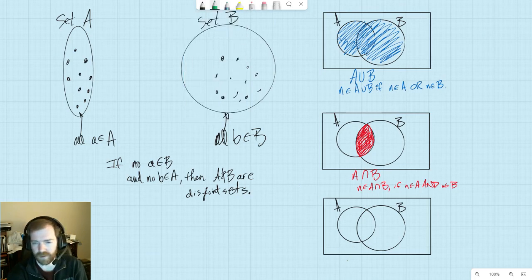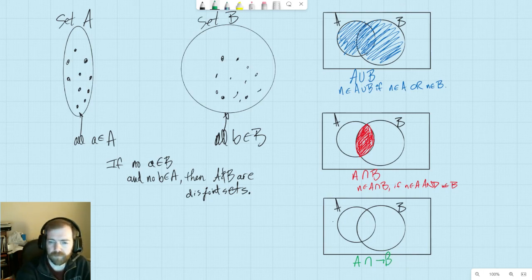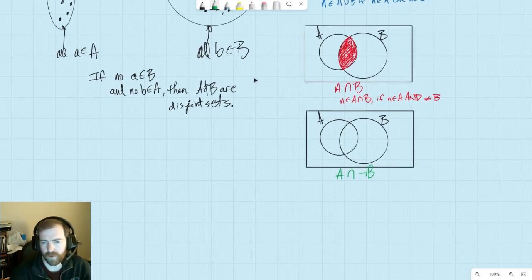So then in the third example, we could say that we want to talk about A intersect not B. So for this to occur, N will be inside of this A intersect not B. And I interchange this symbol.